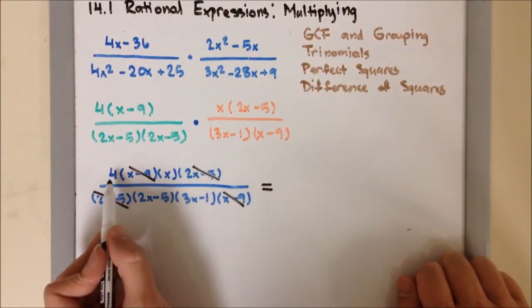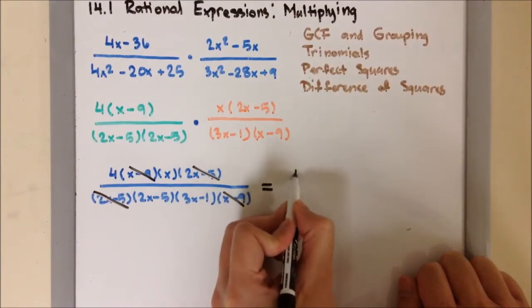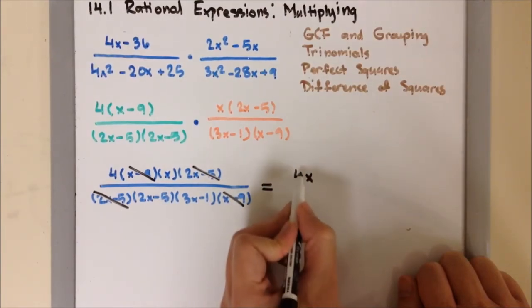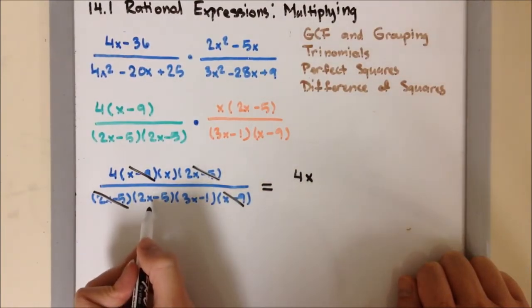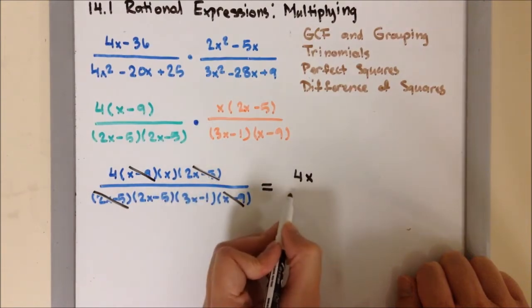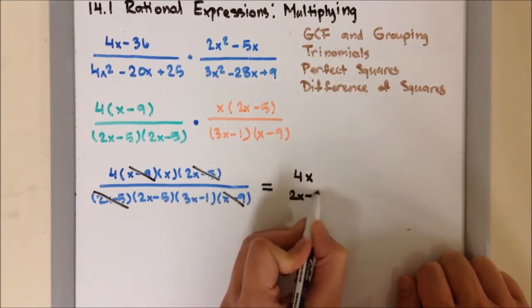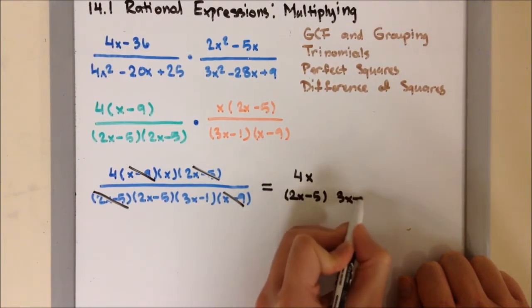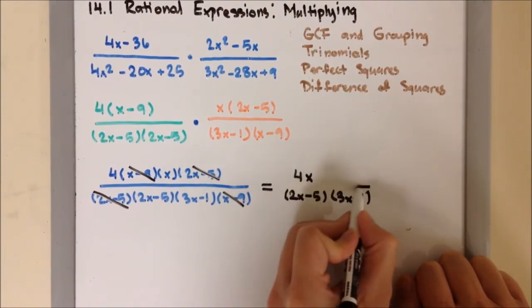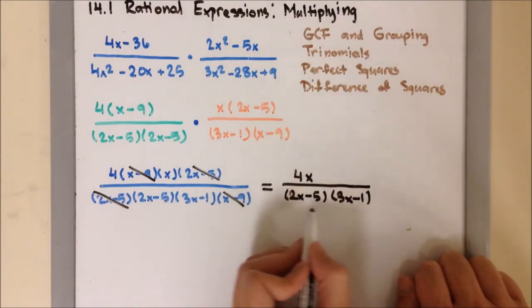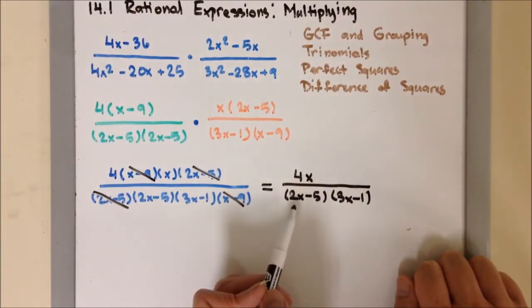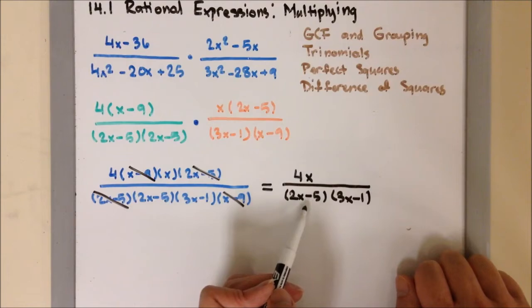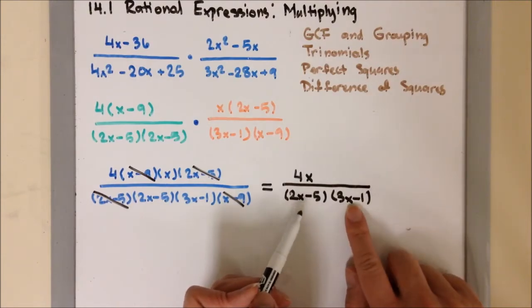So in my numerator, I have the 4 and the x. Since they're multiplying, I can just write it as 4x. In my denominator, I have 2x minus 5 times 3x minus 1. Now make sure you include your parentheses since 2x minus 5 is an expression and it's multiplying to another expression.